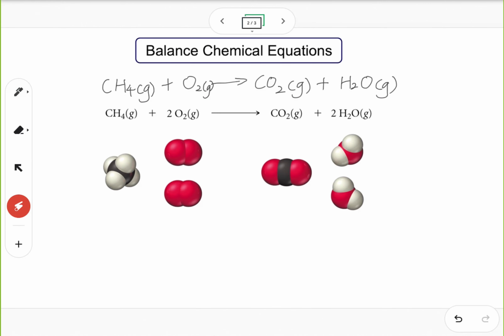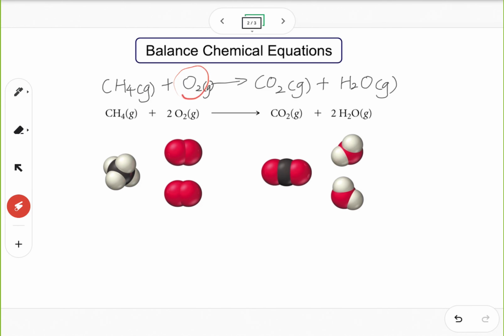Here, I'm going to just show you the balanced equation directly. We'll do some practice in a moment. But I want you to compare these two equations. This is the unbalanced equation, and this is the balanced equation. You can see the difference for each compound. Here you still have CH4 and CH4.